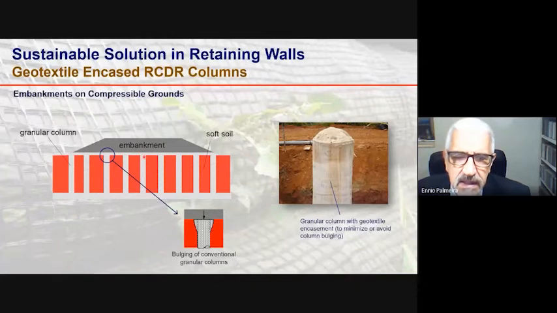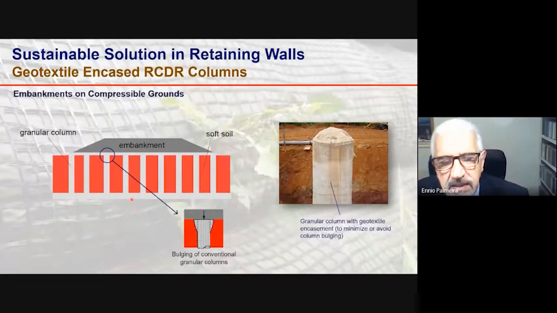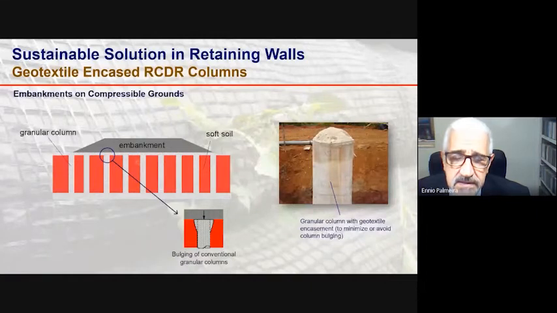The idea here is to have most of the load from the embankment transferred to the rigid granular columns, and the granular columns transferring this load to a stiffer and stronger soil layer below the soft soil layer. So this is the idea behind the use of granular columns.